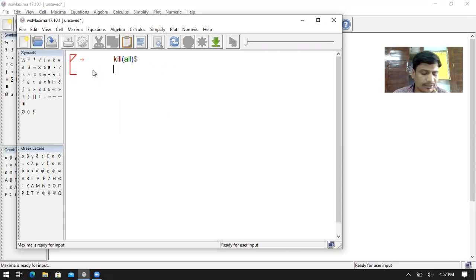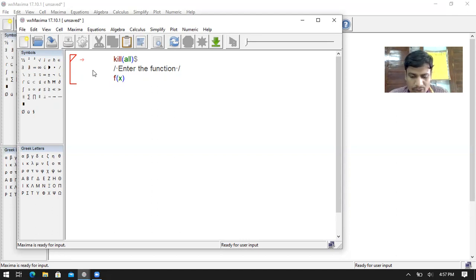Then enter the function, that is the class star. Enter the function, then star of class, enter. What is the function? That is f of x.